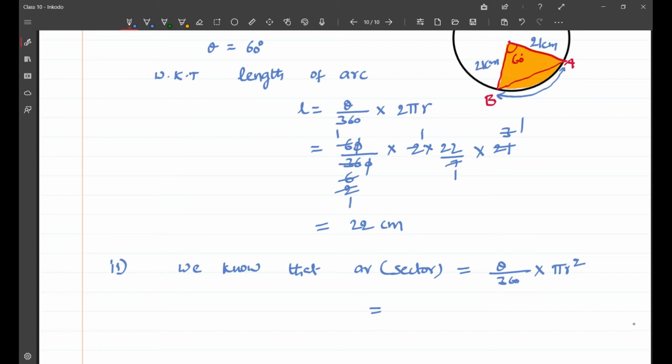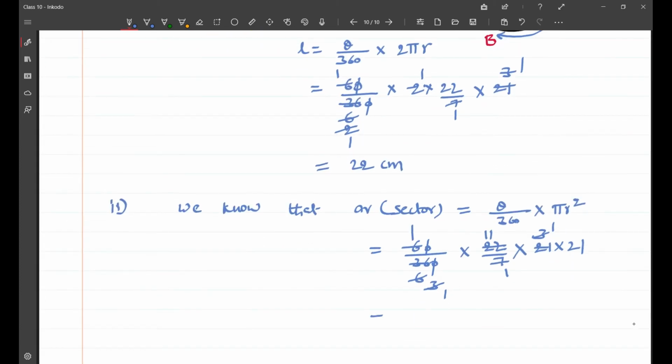Let's put the values according to question. 60 upon 360 multiply by pi value is 22/7 r square, that means r should be multiplied 2 times, so 21 multiply 21, so here 0 0 cancel, 6 1s are 6 6 are, then 7 1s are 7 3s are, then 2 3s are 2 11s are, 3 3 get cancelled.